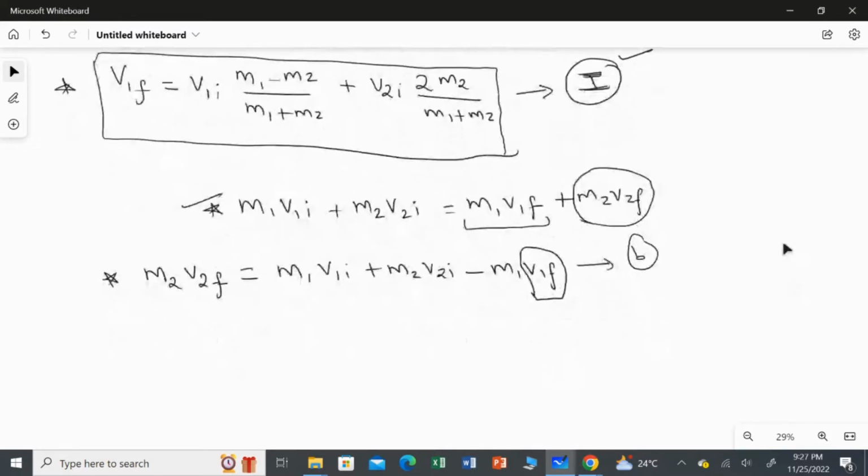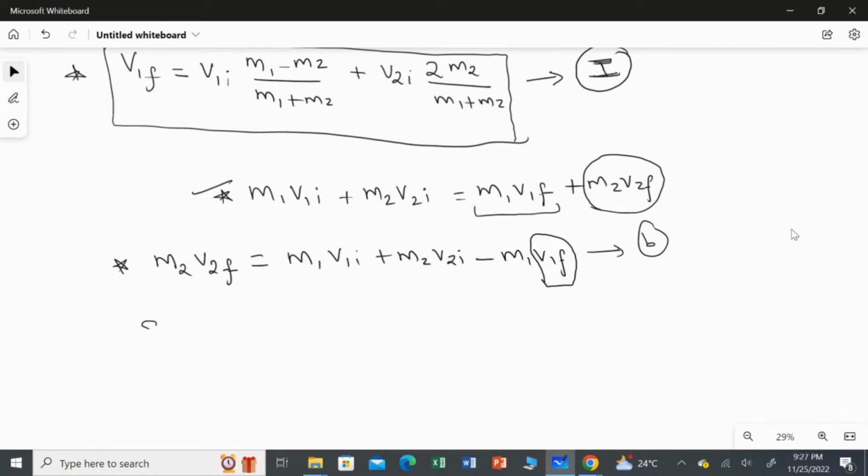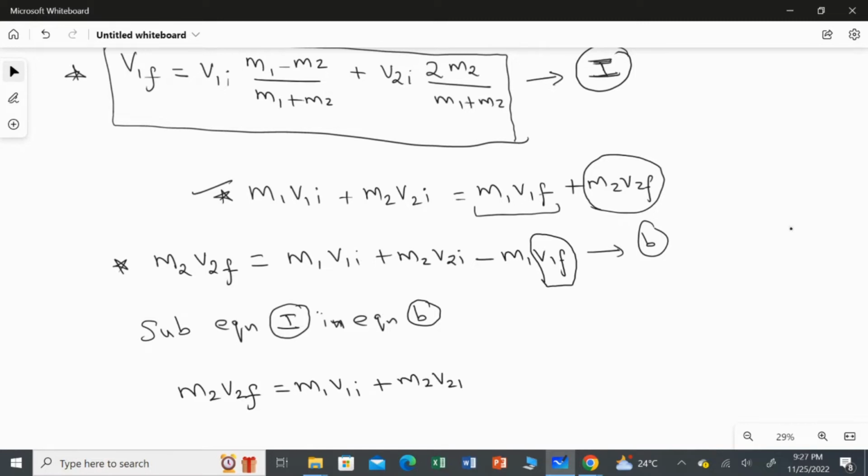It's very easy. I'm going to substitute this value. So let me write the equation here: M2 V2 final is equal to M1 V1 initial plus M2 V2 initial minus M1.